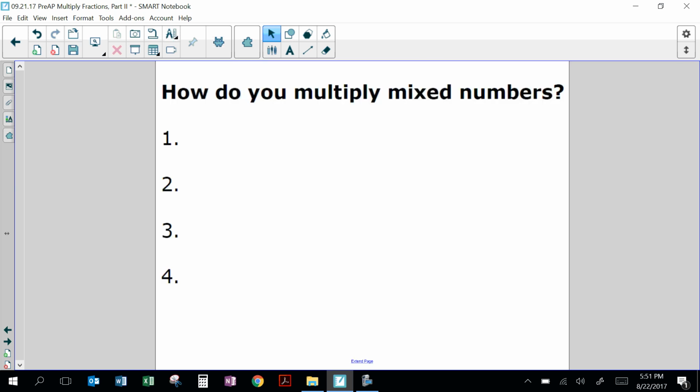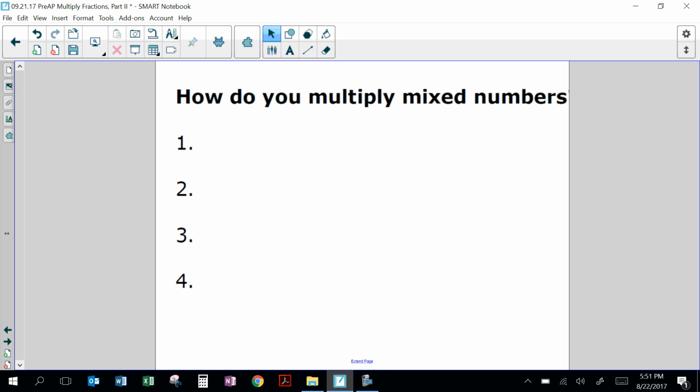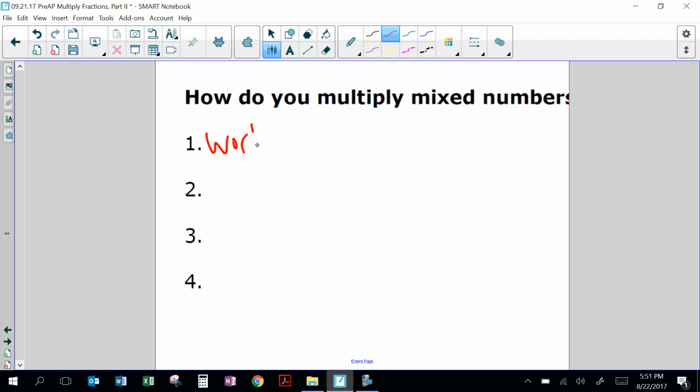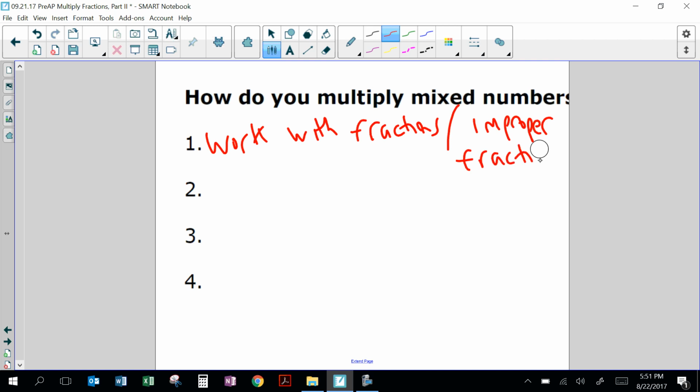So how do you multiply mixed numbers? First of all, you have to work with fractions or improper fractions. So we need to make sure everything is with those.